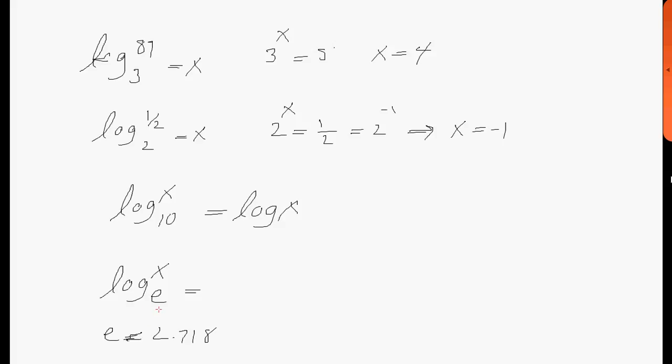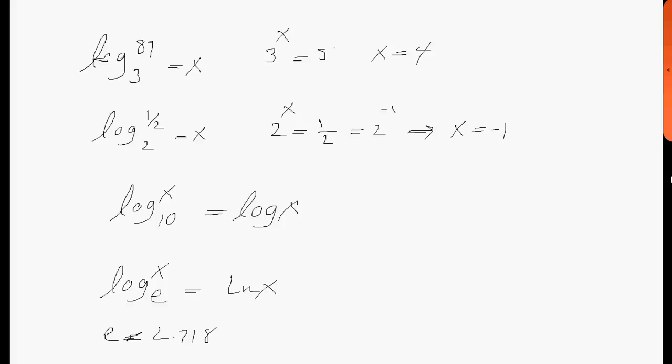Whenever you have base e as the base of the logarithm, you change the notation to ln x. So if I have ln x, I know that the base is e. If I have log x without the base, I know that the base is 10.